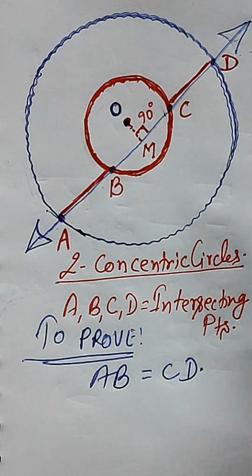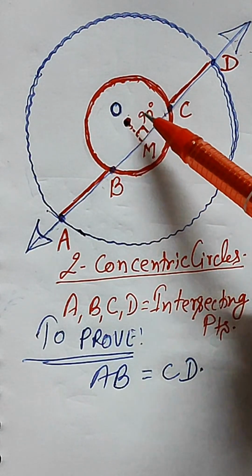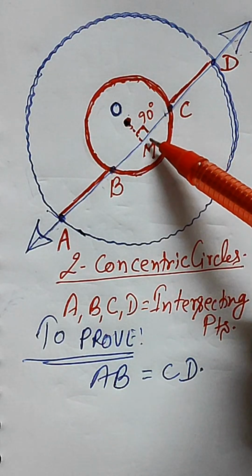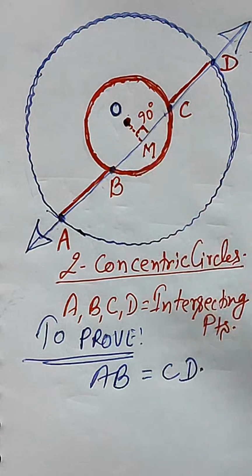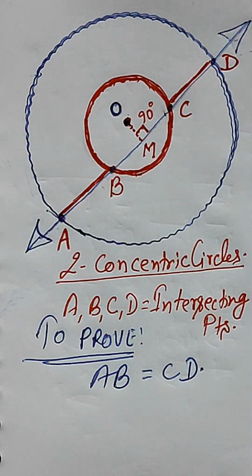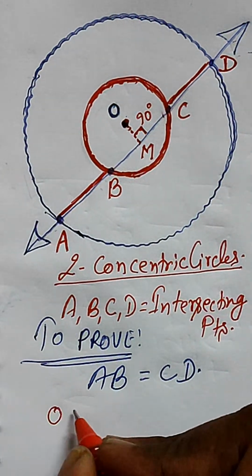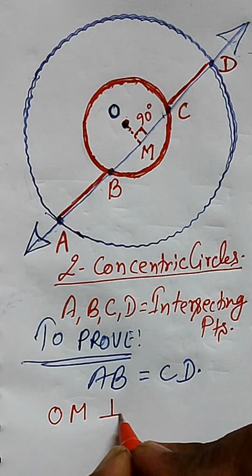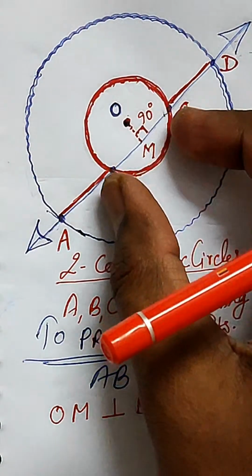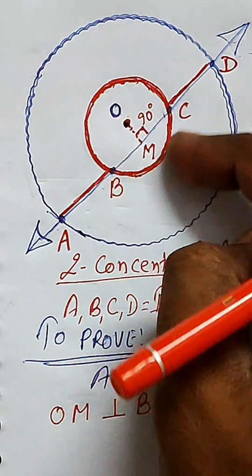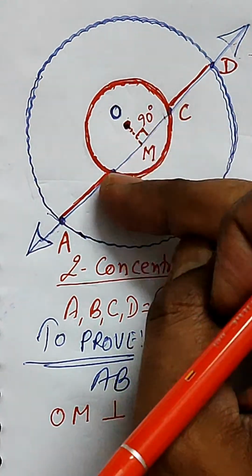Then we can say that the perpendicular drawn from the center of the circle to the chord always bisects the chord, if you remember the theorem. If OM is the perpendicular to the chord which is part of the smaller, inner circle, then it will be BC.